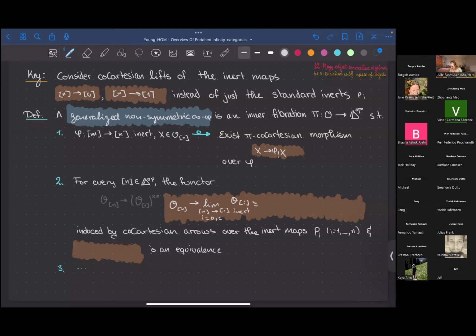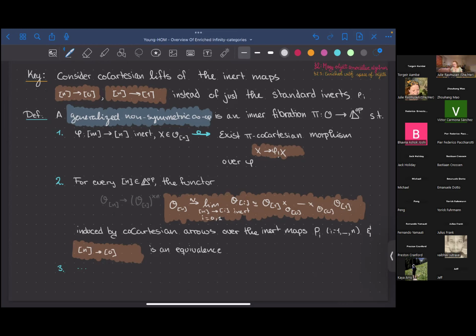And this can be shown to be equivalent to what we were interested in, namely O_1 fibered over O_0 times O_0, O_1. And yeah, this is then induced by the co-Cartesian arrows over the inert maps, the standard inert maps, and the ones from N to 0. And we want this to be an equivalence.